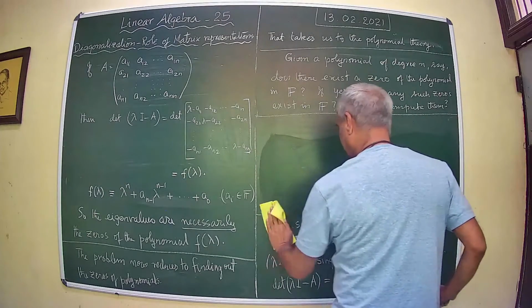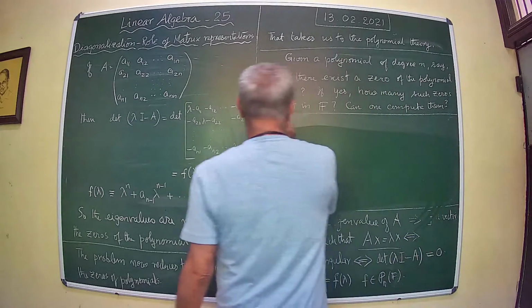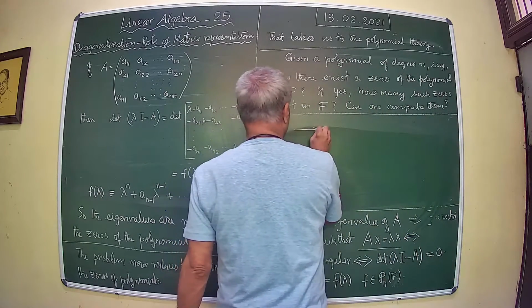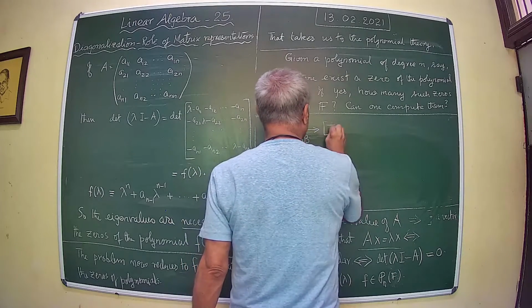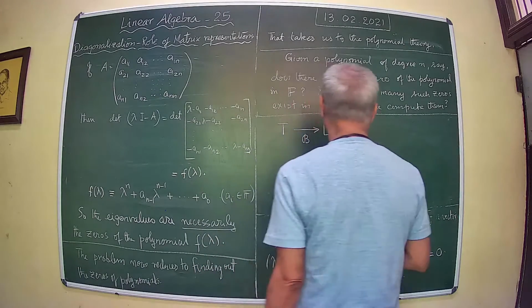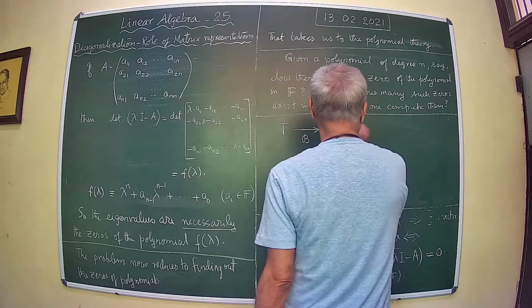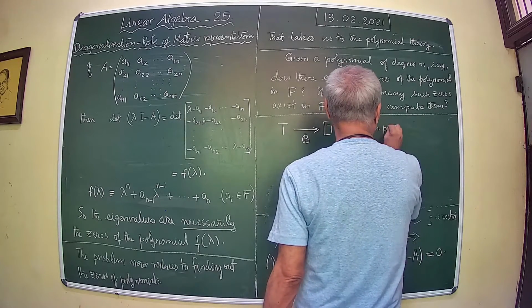So what have we reached? We used an ordered basis B to get the characteristic polynomial.